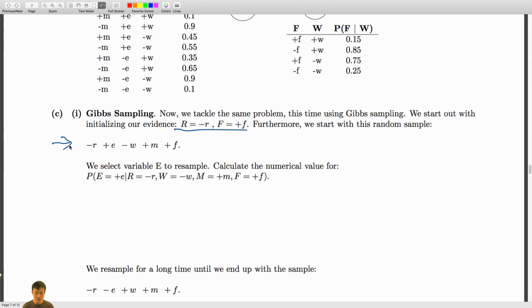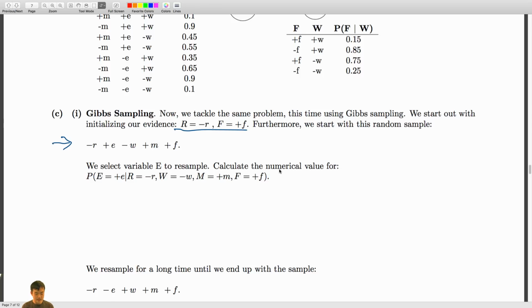If we resample that, then we actually want to compute the value for this, which is going to be equal to the probability of plus e given minus r, minus w, plus m and plus f. This is the probability that you sample plus e, given that we want to resample variable e. Recall that this looks like a joint probability, which is very similar to what we have in question 2.